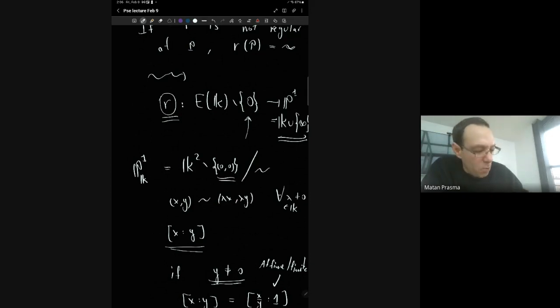If I anyway modify the range to be projective, then I might as well modify the domain to be the projective version of the curve, namely the one including the point at infinity.